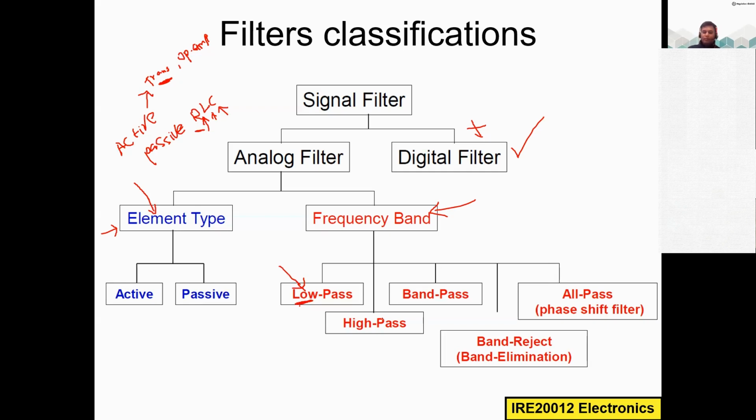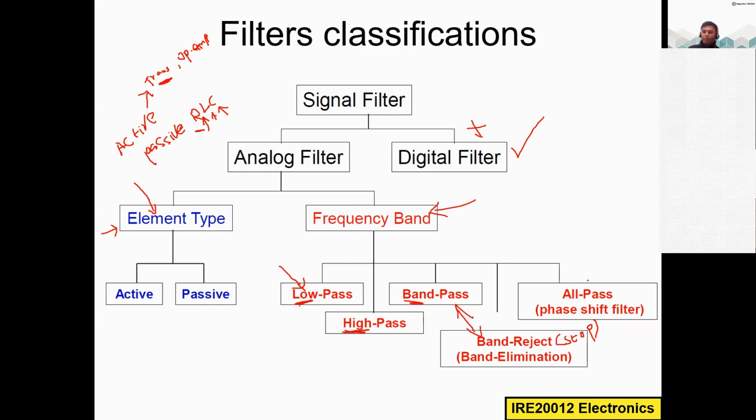Similarly, the high pass filter passes only high frequency signals. The band pass filter passes only a certain range of frequencies. And the band reject filter, or band stop filter, eliminates a certain frequency range and allows all other frequencies, just the opposite operation of band pass.